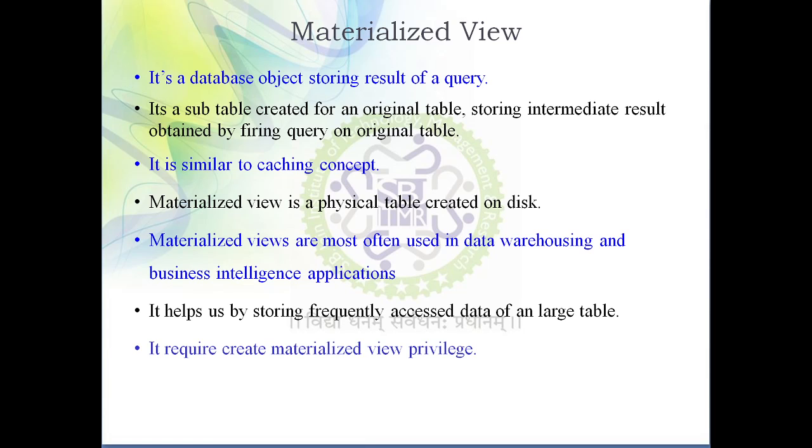Materialized views are most often used in data warehousing and business intelligence applications. Now a new term is there, data warehousing. So what does data warehouse mean? You already heard the word warehouse. A warehouse is a particular place where a huge amount of things is placed. For example, this is a warehouse of wheat, this is a warehouse of rice.